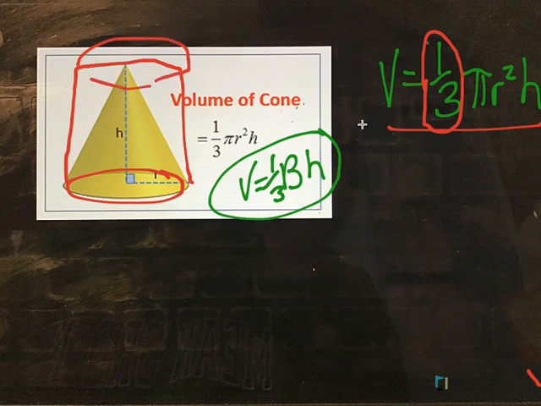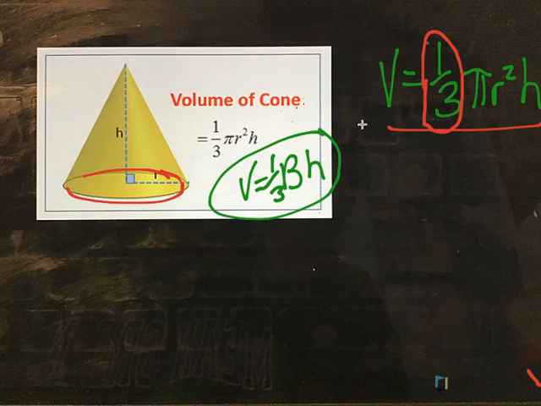Pretend that's a cylinder, okay? If I had a cylinder that is the same height and had the same area of the circle, the bottom shape, the big B, as a cone, it would take 3 of the cones to fill up one cylinder that is the same height.